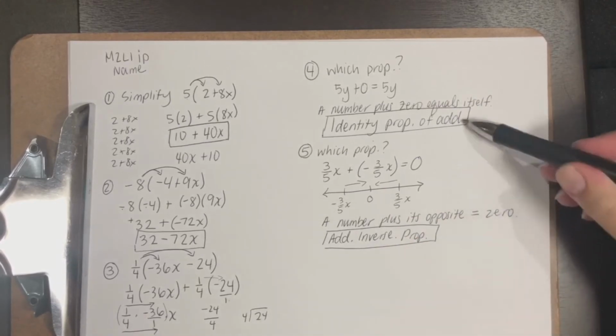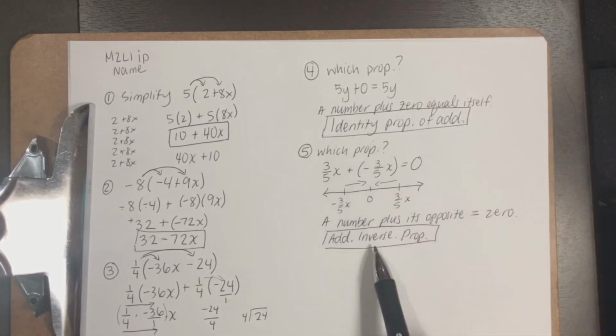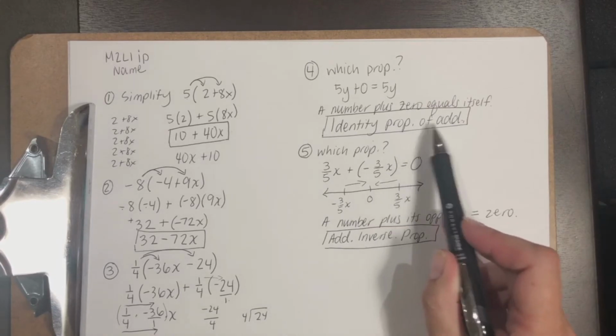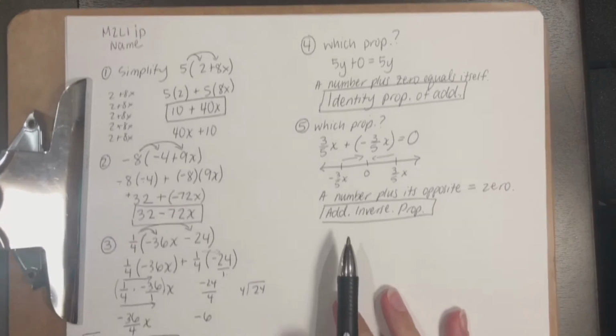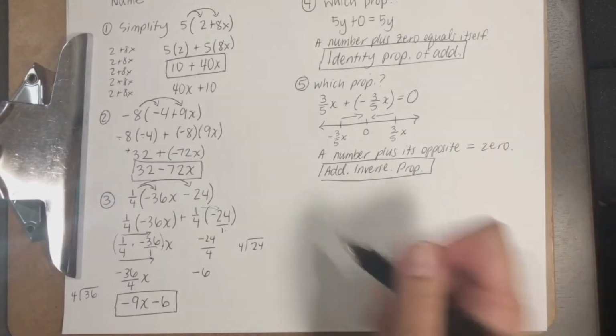So I wrote those two different ways. I know this is identity and this is inverse, but this one says of addition and this one says additive inverse property. Be able to recognize both of those.